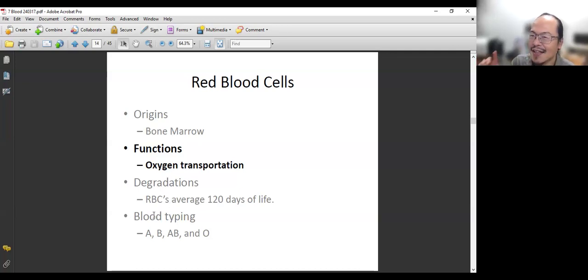One thing is that oxygen doesn't get dissolved in the fluid. We all know that gas, if you just blow air into the water, just evaporates. It doesn't get dissolved in water.